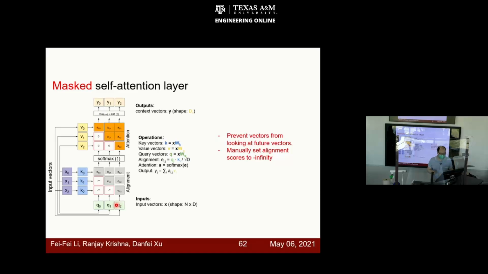No future. So this is done by manually setting the alignment score to minus infinity. Why do we do that? You remember we use the exponential of the score and do the softmax. That essentially gives us a 0 attention right here. So you don't pay attention to the future for each given t. Okay, so that's the so-called masked self-attention layer.